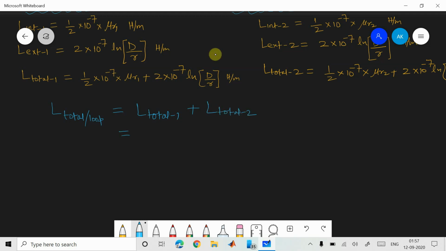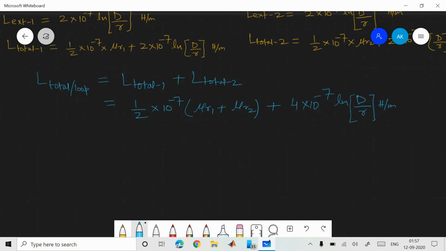You will get half into 10 raised to power minus 7 into mu r1 plus mu r2, plus 2 times 2 into 10 to the power minus 7, so it will be 4 into 10 raised to power minus 7 ln d by r, in Henry per meter.